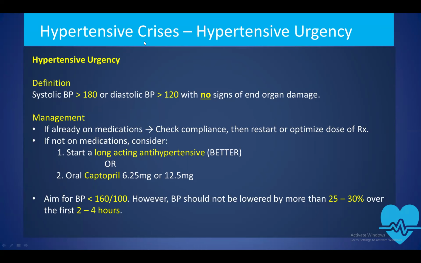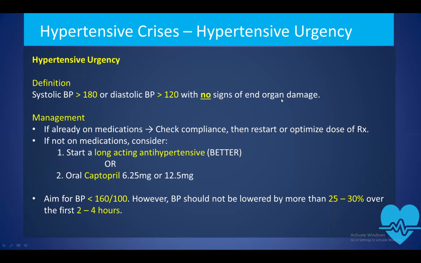Hypertensive crises include two entities, hypertensive urgency and hypertensive emergency. In both, systolic blood pressure will be more than 180 or diastolic blood pressure will be more than 120. However, in hypertensive urgency, there will be no signs of end organ damage, while in hypertensive emergency, there will be signs of end organ damage.